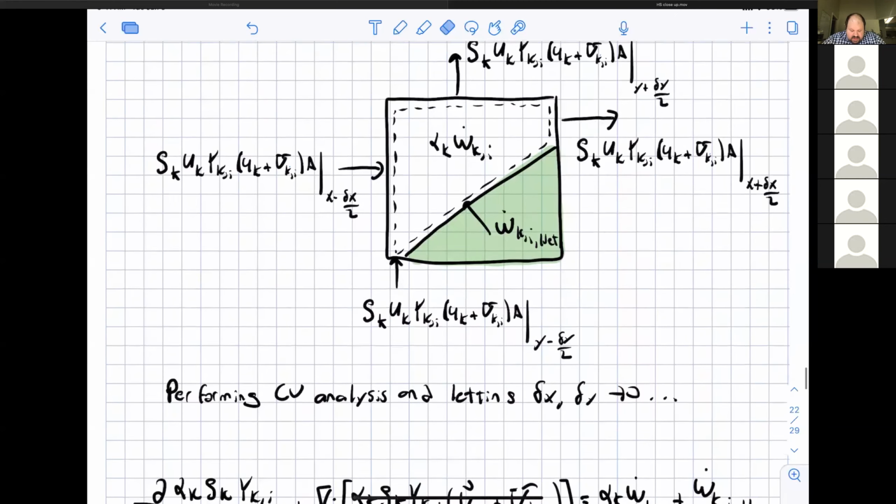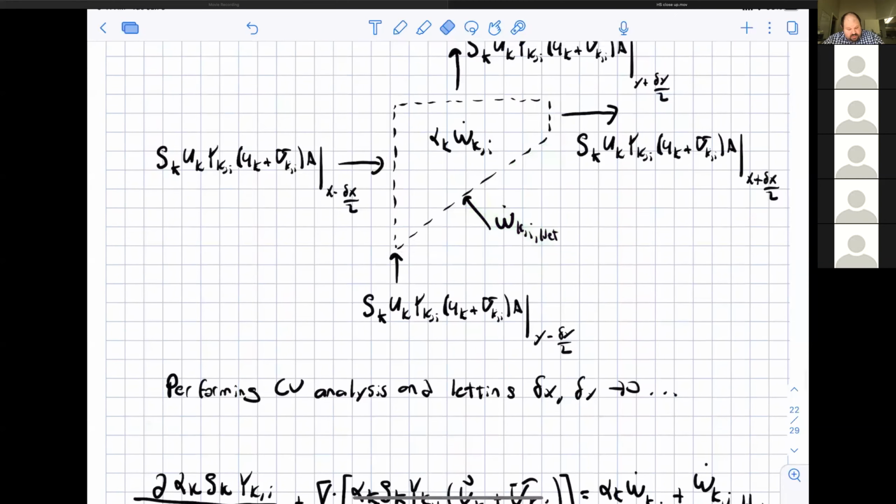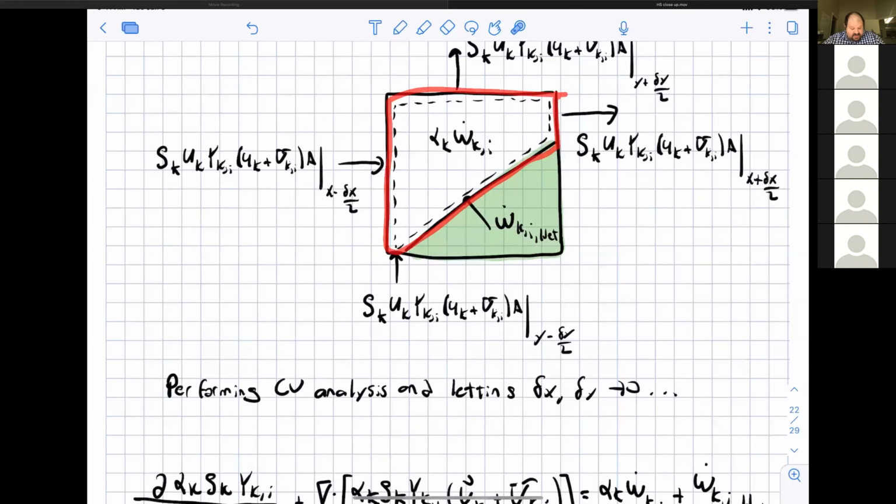Okay, but anyways, so we go back to the species mass equation. We have the species mass here, and we account for that.